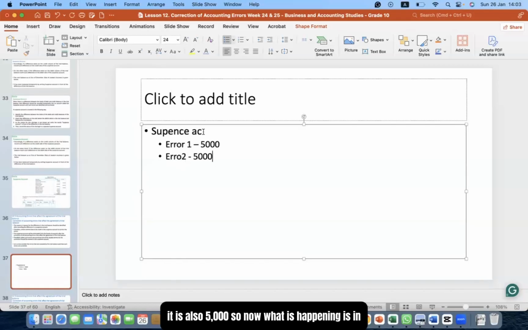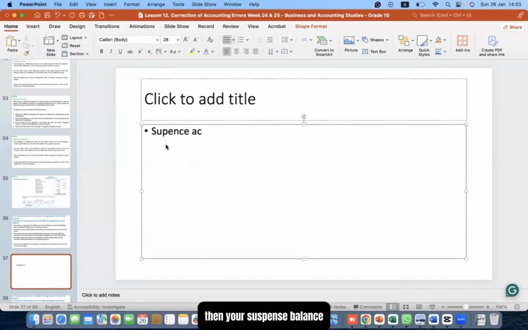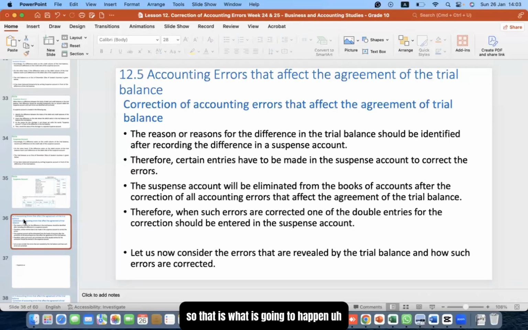So now what is happening is in the suspense account we have a balance of 10,000, which is the total of these two. So once we sorted out the first error, what happens is your suspense account goes to a balance of 5,000 because you have sorted out one error. And once you sorted the other error, then your suspense account balance is going to be zero because you don't have any errors. Okay, so that is what is going to happen.